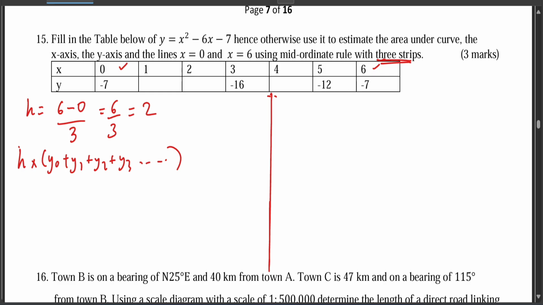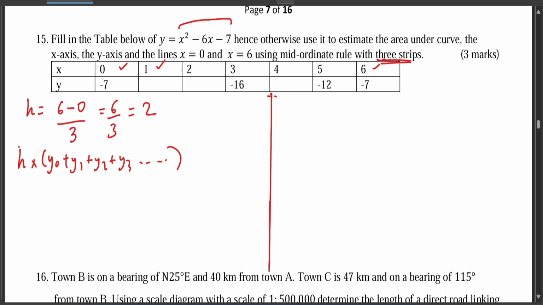So you're taking the mids of the y, the midpoints here. So your height is there now, but first let's find the values of y. So your y is given by x squared minus 6x minus 7.